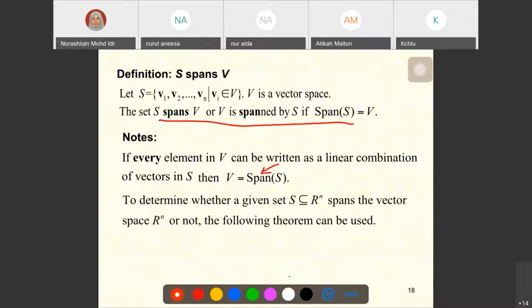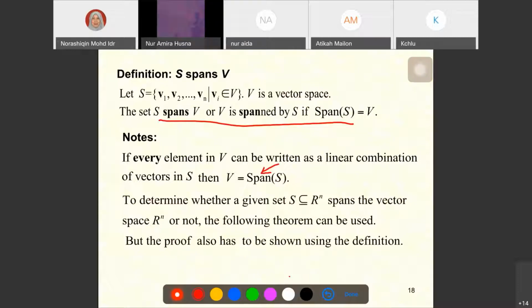But this theorem is just our guide, and we also need to show it using the definition. The proof needs to use the definition, but the theorem can be used as our guide to say the span of S is equal to V, or not.